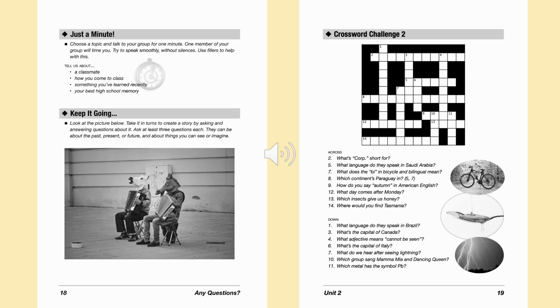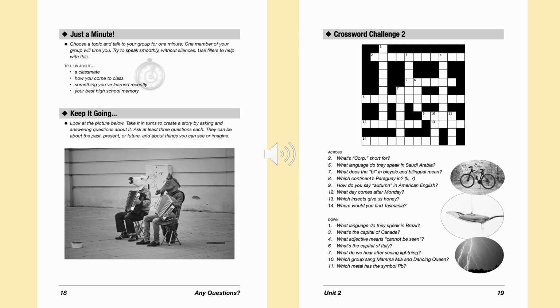The next activity is a picture-based activity which encourages learners to use their imagination and create a story or speculate about a visual image. And the final activity each week is the crossword challenge.